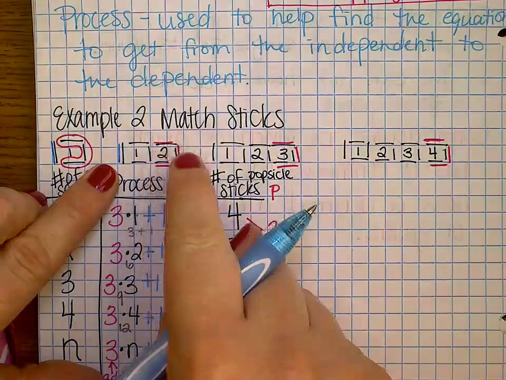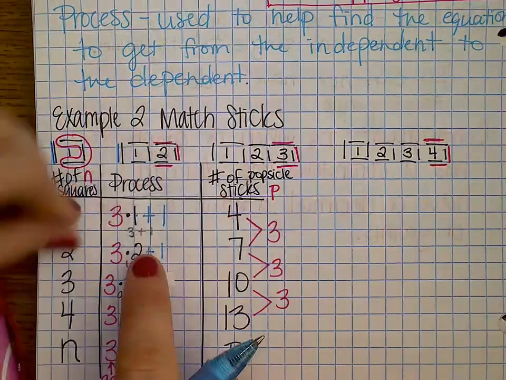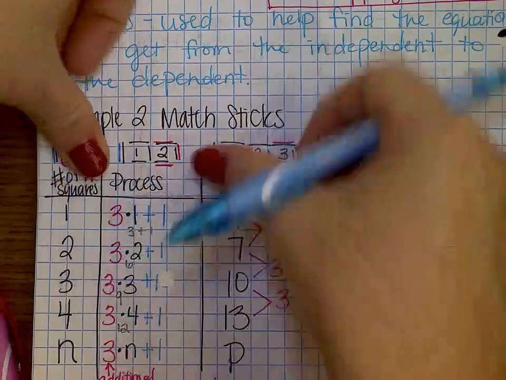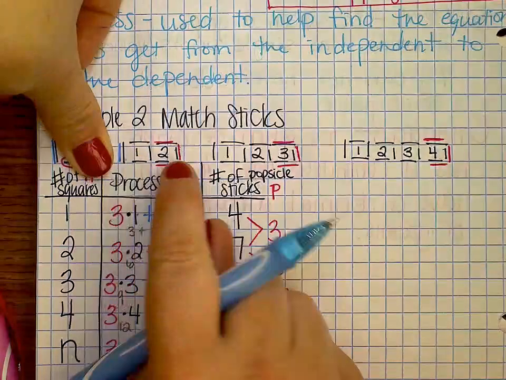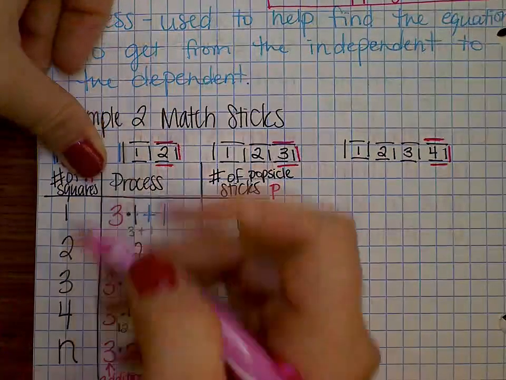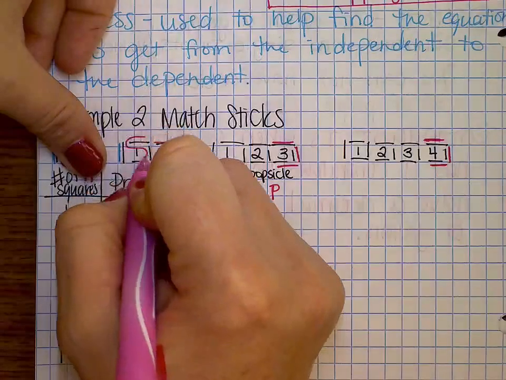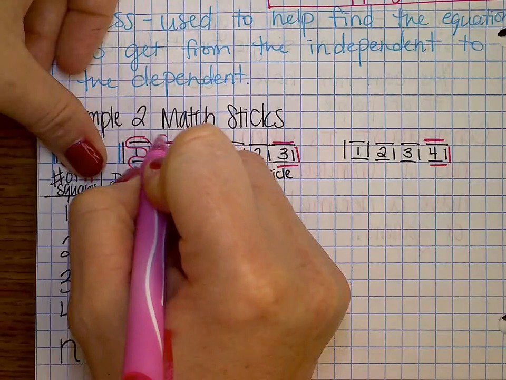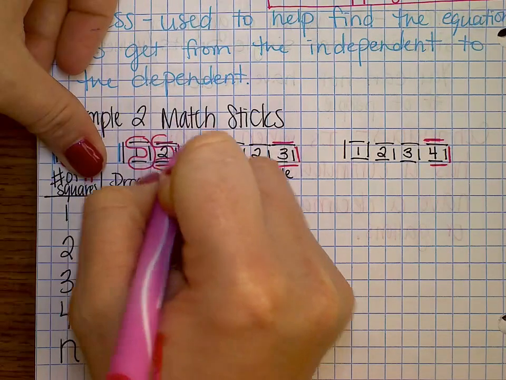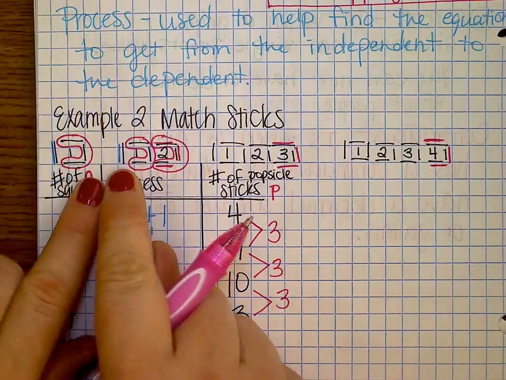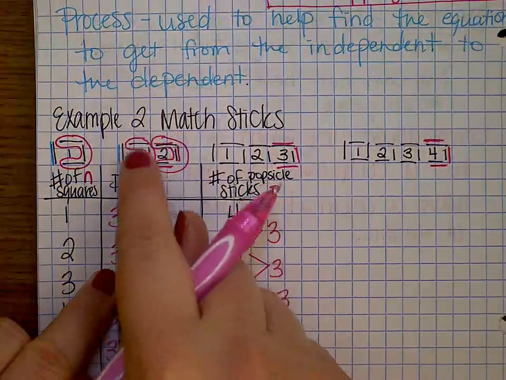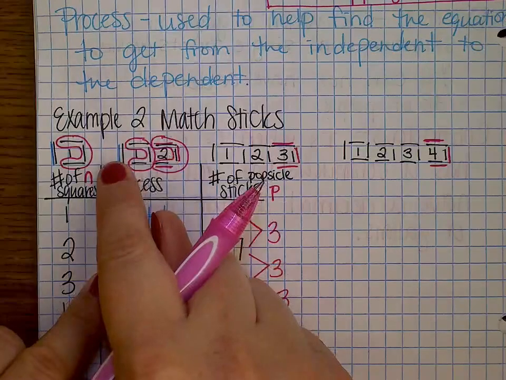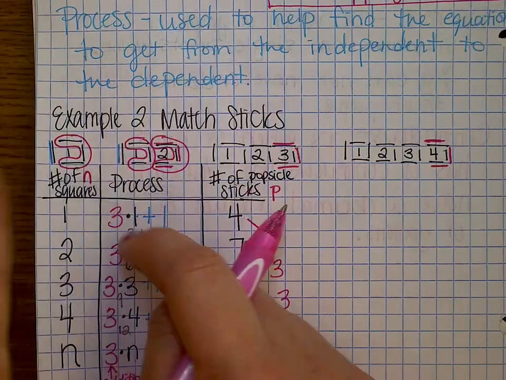We knew that there were 3 additional sticks here, but if I was just saying I have 2 squares, looking at this one and this one only, I could think of this as 2 groups of 3 and then that first stick. 3 times 2 is 6, so I have 6 sticks right here, plus that first stick that made that first side.